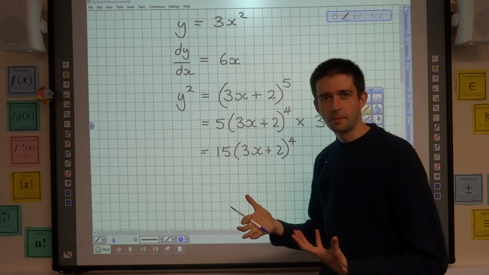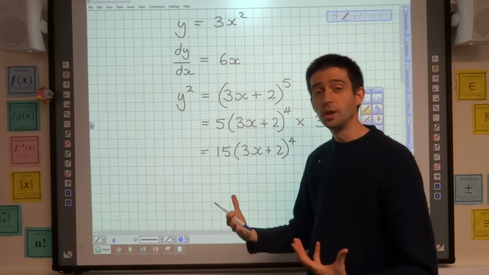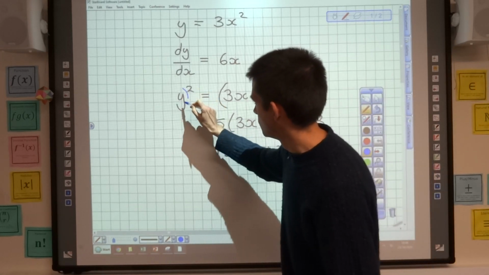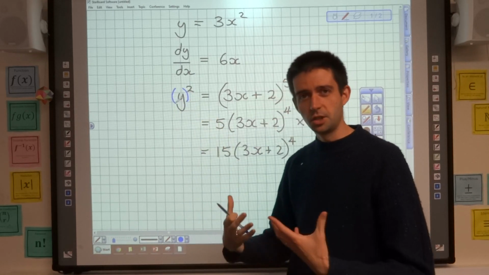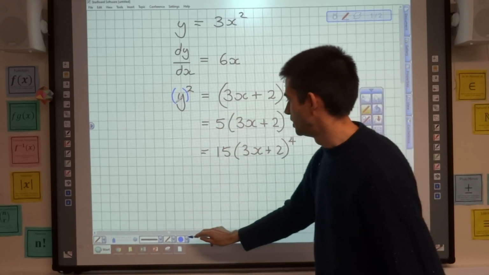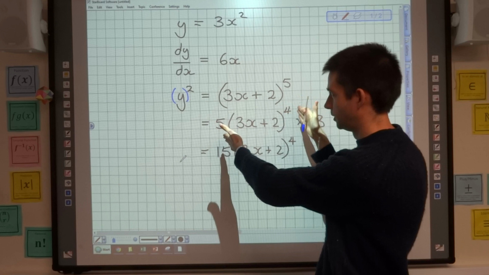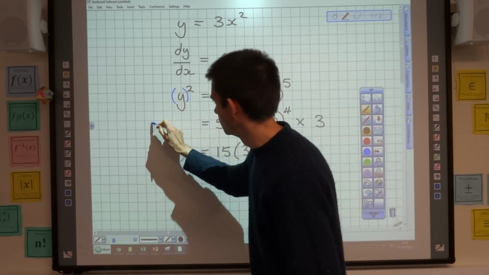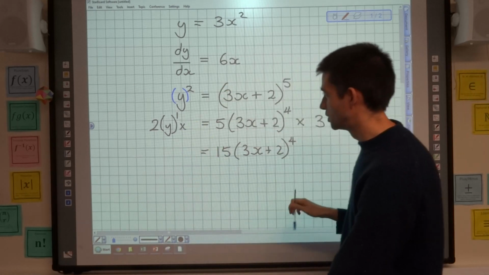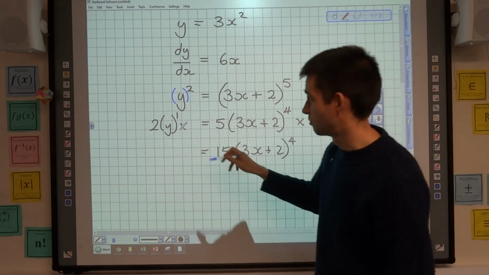But what we need to think about is that we are actually differentiating the left-hand side of the equation as well, and we're using the chain rule in this case too. To demonstrate that, if you bracket the y, so you think of the y as a function being squared, and differentiate using the chain rule, then in the same way as we brought down the power and reduced the power by 1 here, we do the same to that y, and then multiply by the differentiated bracket, in the same way as we multiplied here by 3.